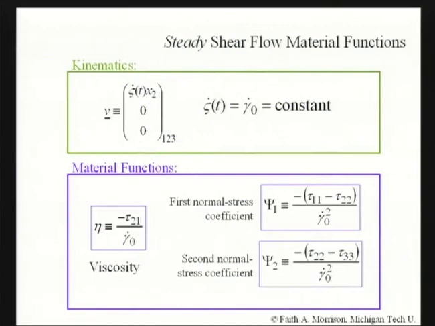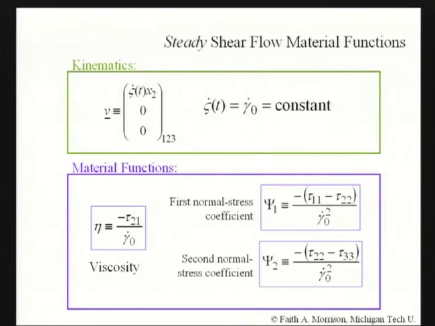You either impose it on the constitutive equation by plugging it in, or you impose it on the fluid by making a rheometer that does this flow. We haven't talked too much about the specifics of rheometers. In our last week of the semester, we'll talk about what devices you need to use to get this flow to appear. But you can trust me for now that there are such devices.